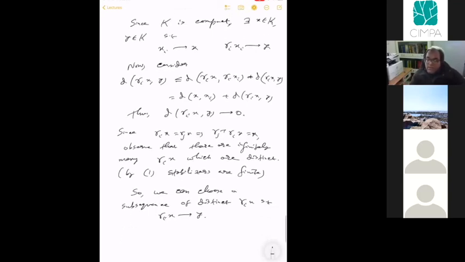So what does it mean? So this implies in your orbit, you have a sequence which is convergent. So this contradicts assumption 2.